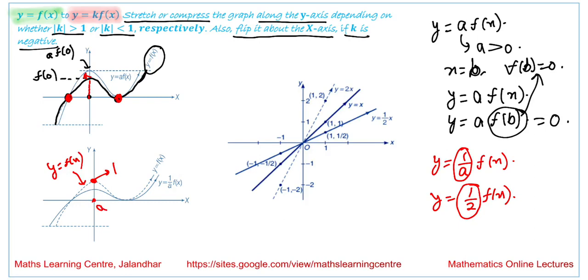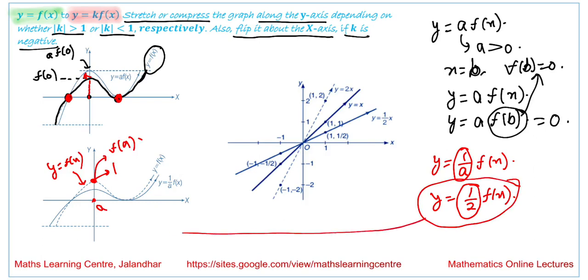The value of the function at this point is f(a). Now the function is multiplied by 1/2, so the height we now have is 1/2 times f(a). So this height is being reduced. So we have compressed the graph in this case.